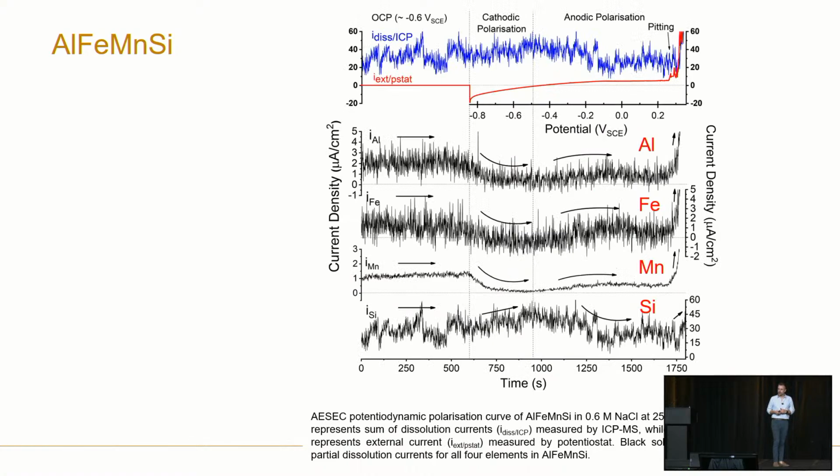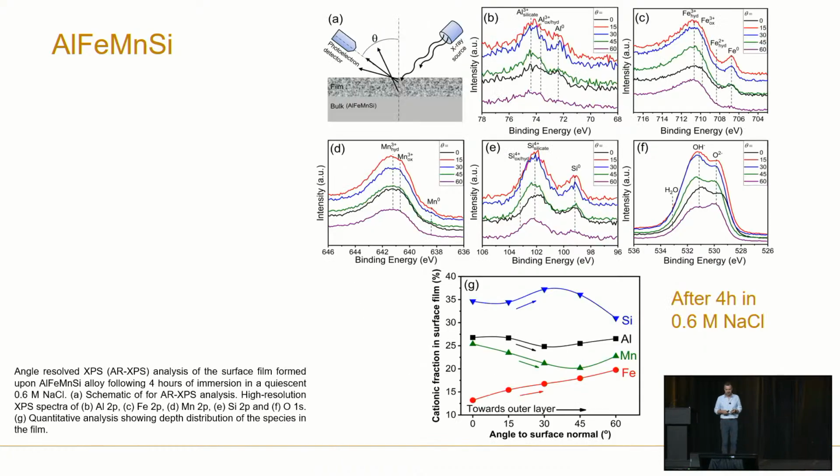Again, we did this atomic emission spectroelectrochemistry, and we could see incongruent dissolution. You see a lot more silicon dissolution, surprisingly, even though silicon by itself is quite a stable material across a range of different pHs. You don't see terribly much dissolution of iron and manganese and so forth. So this is taking the dissolution signal and then parsing out the contributions from each constituent element.